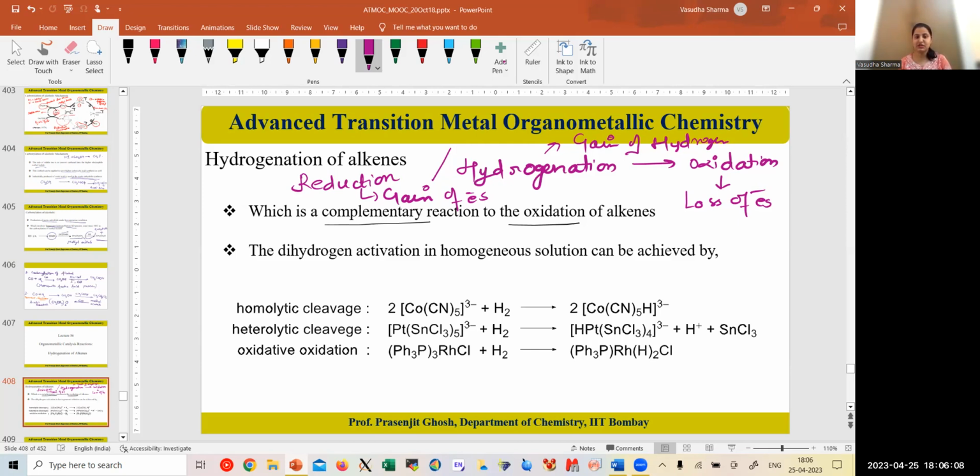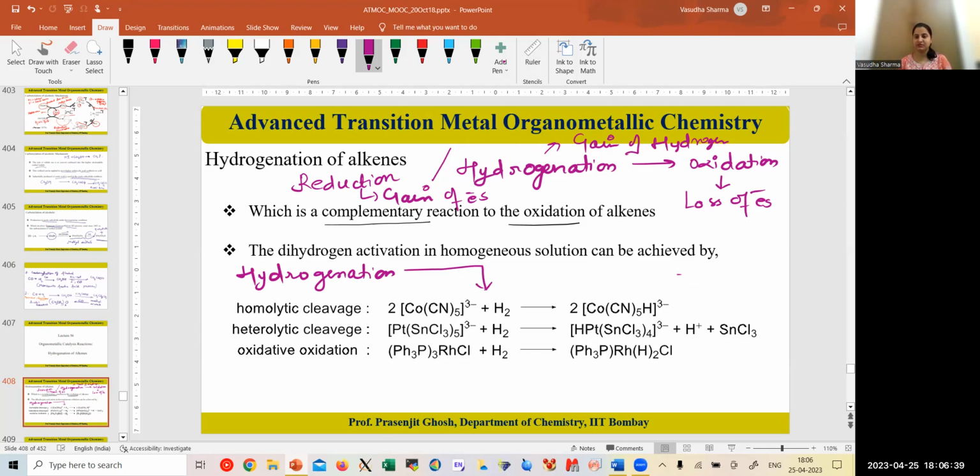So the dihydrogen activation in homogeneous solution can be achieved as follows. For hydrogenation, we can actually use a lot of hydrogen-giving agents, but here we are mainly focusing on H2, which is a sustainable source. This dihydrogen first has to get activated to connect to your substrate, and for that matter we are talking about the alkene.